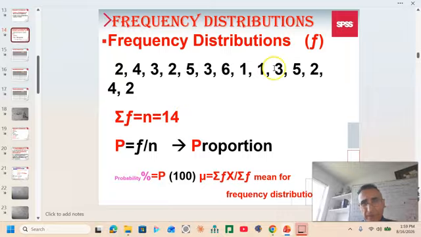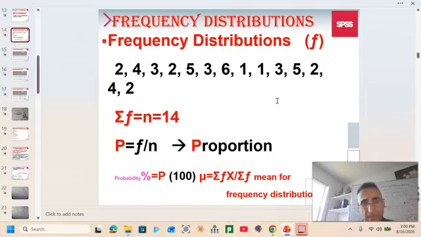Because you can see there are 14 numbers, and then sum, that's sigma f, the Greek symbol, sigma f, which is frequency, is equal to N, sample size, which is 14. Either way is the total number of the scores. I mean, how many numbers we have? 14 numbers.